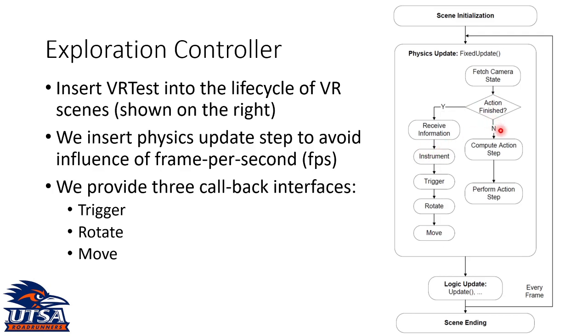But if the action is not finished yet, then the exploration controller continues the action. It should be noted that a movement of the camera, for example from A to B, needs to be finished within many frames. So for all of those cases, the no branch is executed. That's why our exploration controller needs to handle that inside the update function.